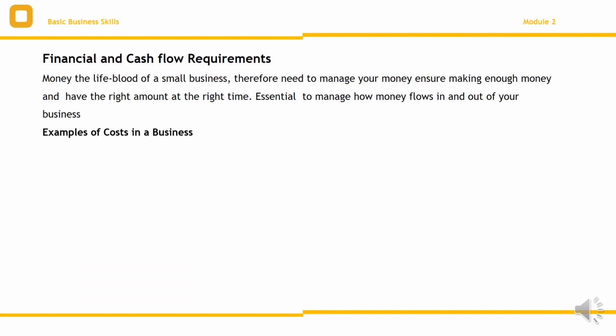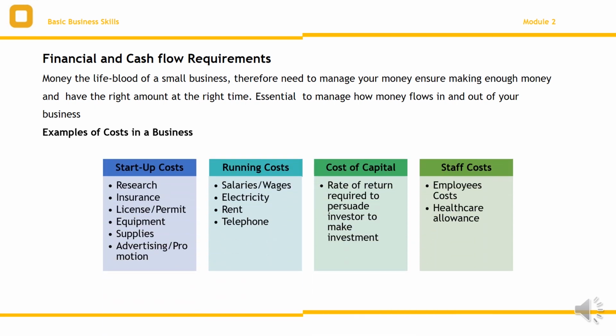Within a business, we've got various types of costs that we need to be aware of as small businesses. There are 4 types of costs that we have within an organization. First of all, we have what we call our startup costs.